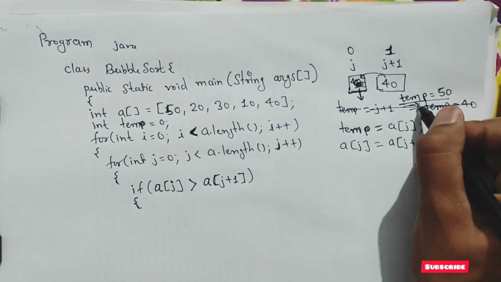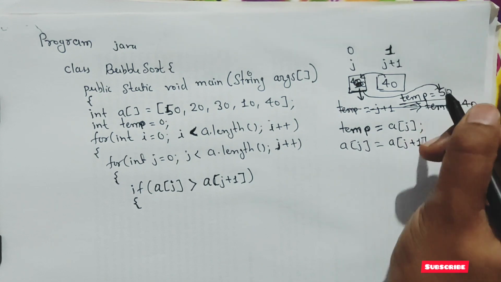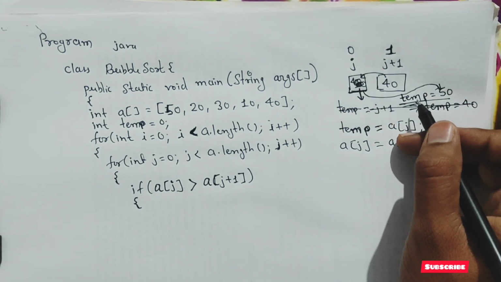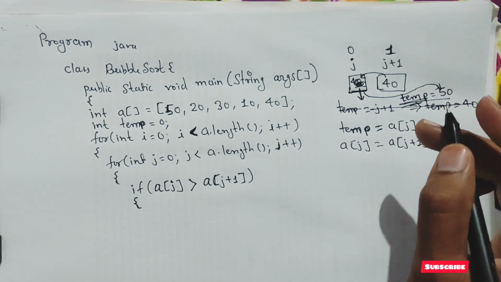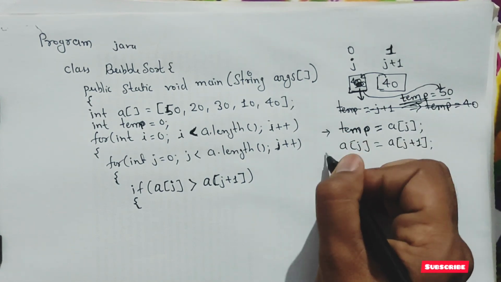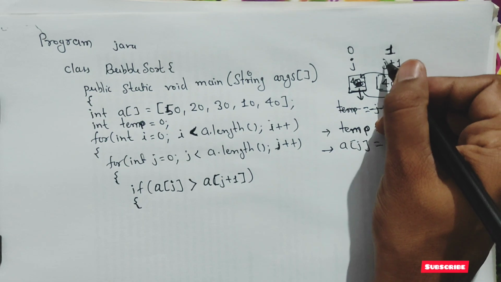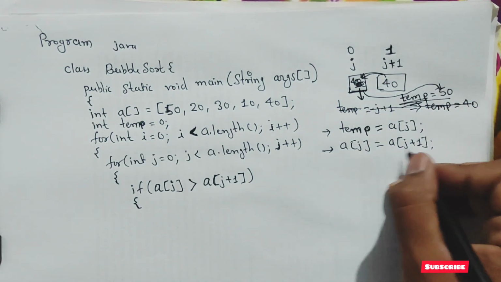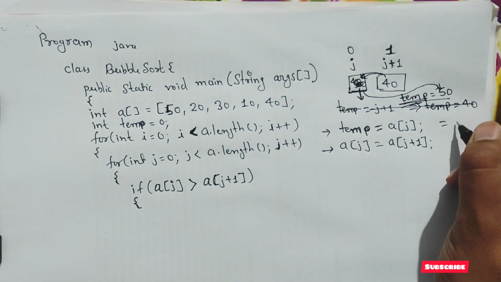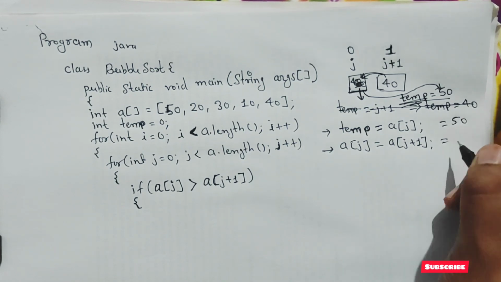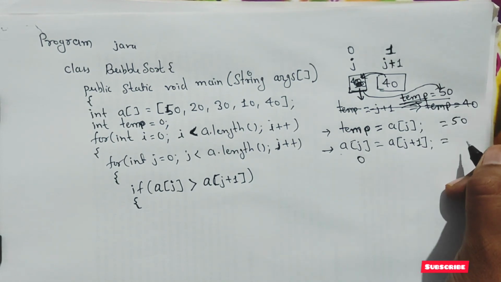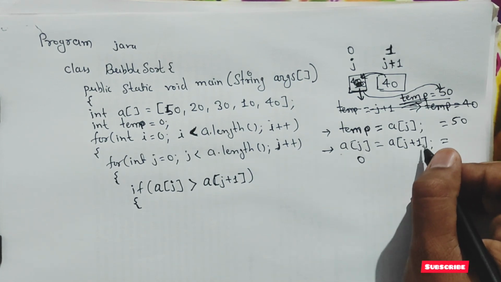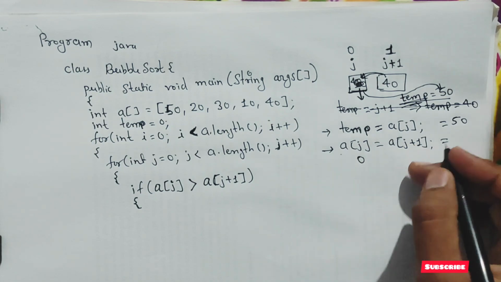In a temp variable, first I put the j value, means the left hand side value I put in a temp. Then in the second step, at j plus 1, the right hand side value goes to the left hand side. So temp 50 is kept, and a of j is at index 0, and j plus 1 is index 1.